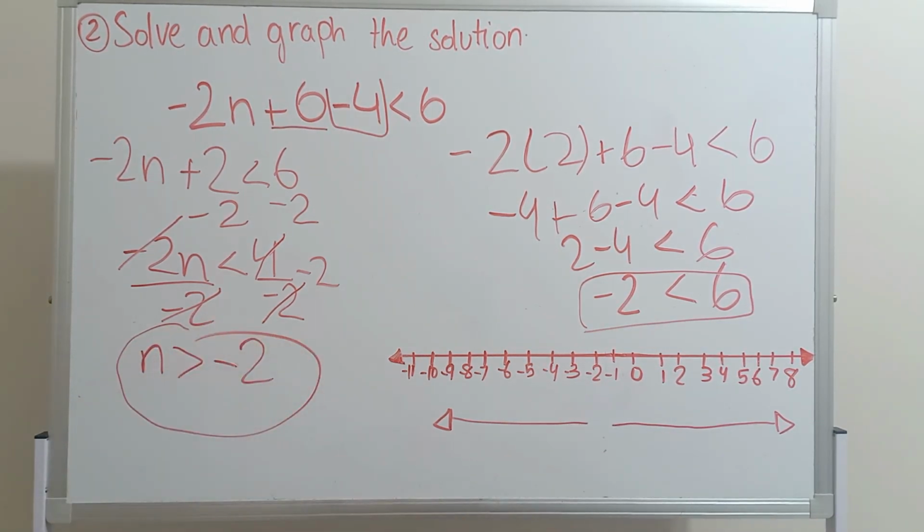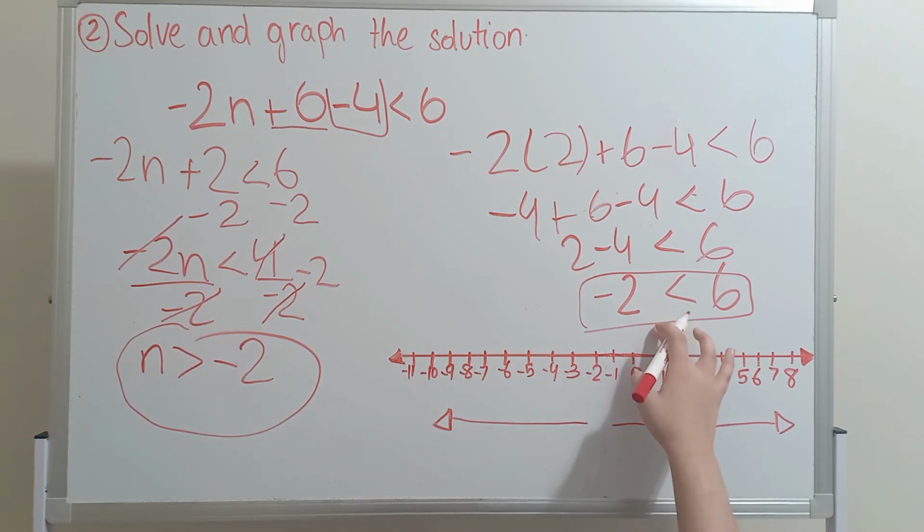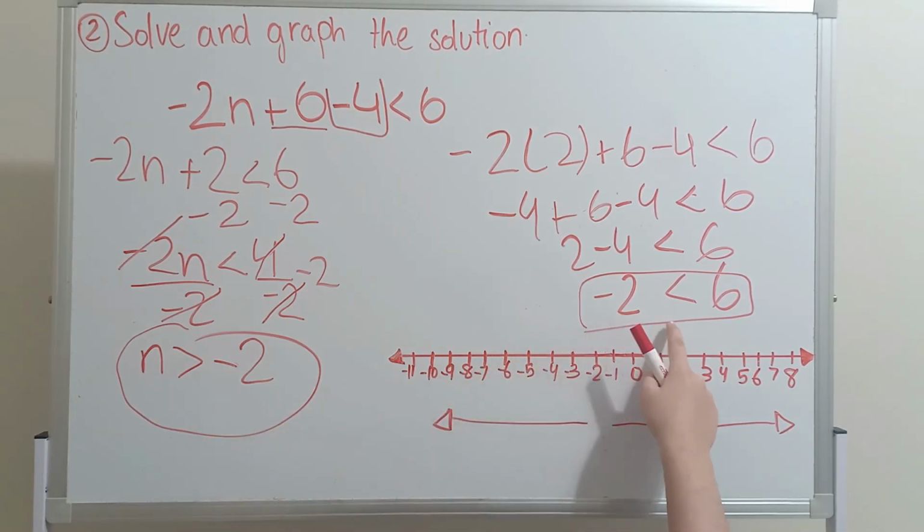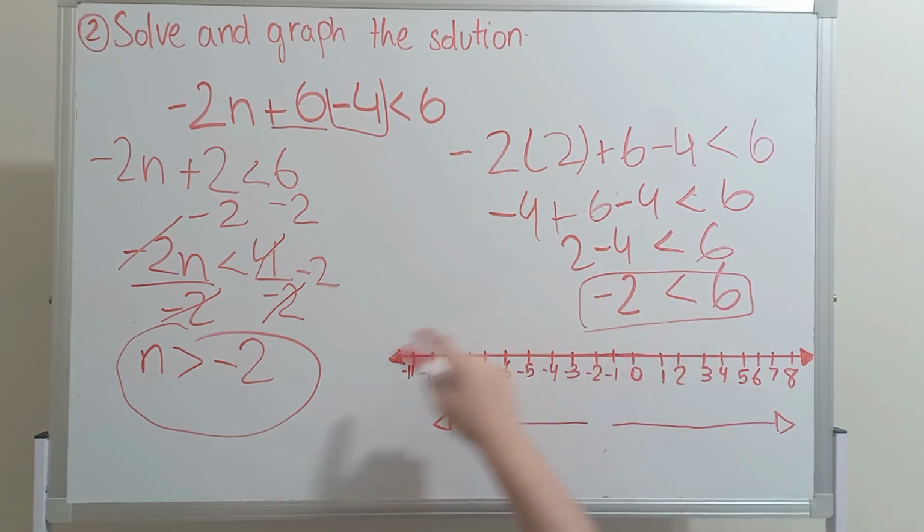Now when we are graphing the solution, we're not going to put this. We have to put the inequality which we got as an answer by solving it, not the one from the check. So we have n is greater than negative 2.